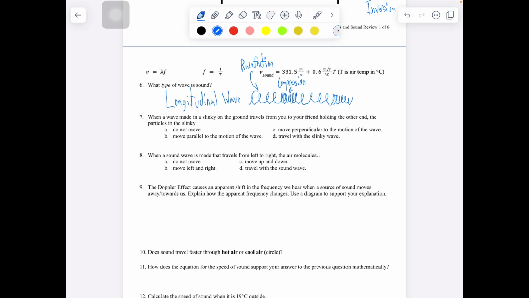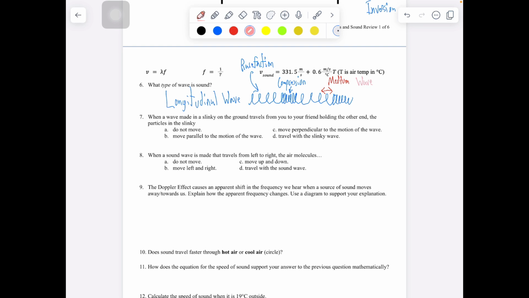Another important piece of longitudinal waves is that the medium, what the wave is actually made out of, or really what it's traveling through, would be a better way to phrase it, the medium is moving back and forth in the same direction that the wave is traveling.